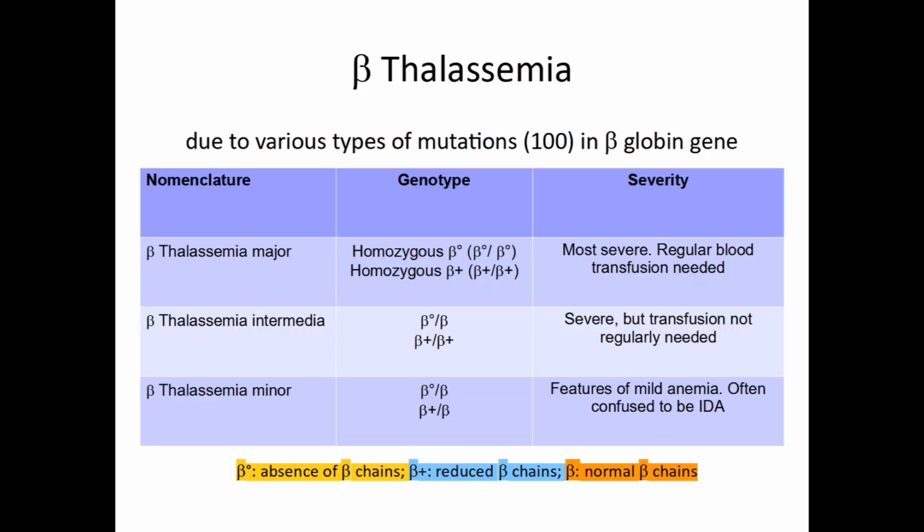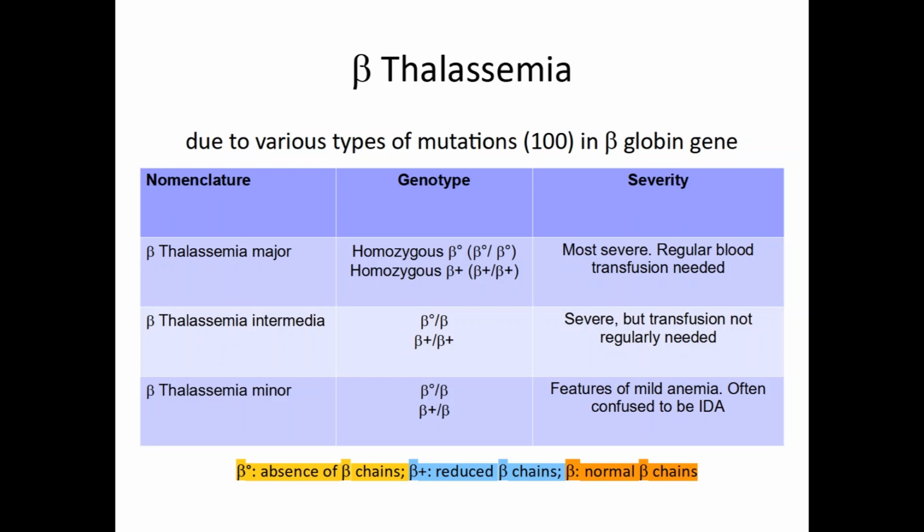Among the 2 types of thalassemias, beta thalassemias are the ones that are important for your exams. There are numerous mutations. Over 100 mutations are identified in the gene that produces beta globin chain. And the beta thalassemia disease can be classified into 3 types. The first is beta thalassemia major.